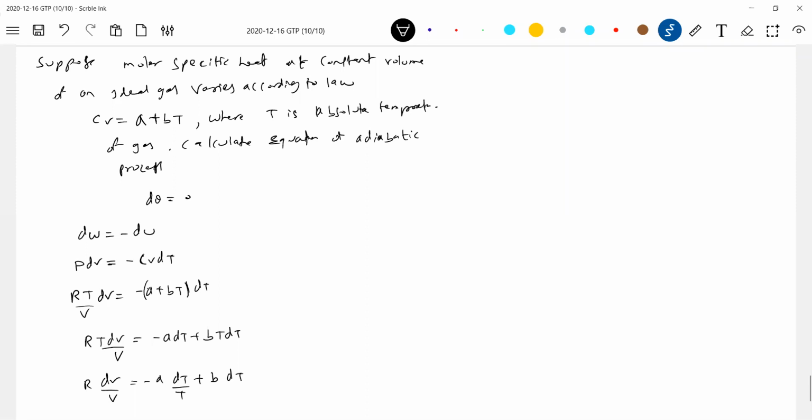Let me integrate this. R dV by V minus A dT by T plus B dT. Limits will be the volumes V1, V2, T1, T2. This will become R log of V2 by V1 minus A log of T2 by T1 plus B (T2 minus T1). Negative sign should go for this also, no?